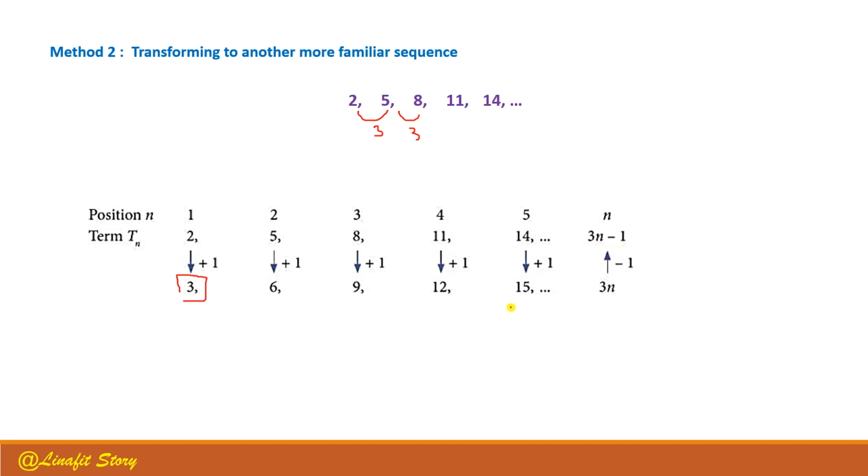Therefore, the general term of the original sequence is Cn is equal to 3n minus 1. For example, we will find the fourth term. C4 is equal to 3 times 4 minus 1, which is equal to 11.